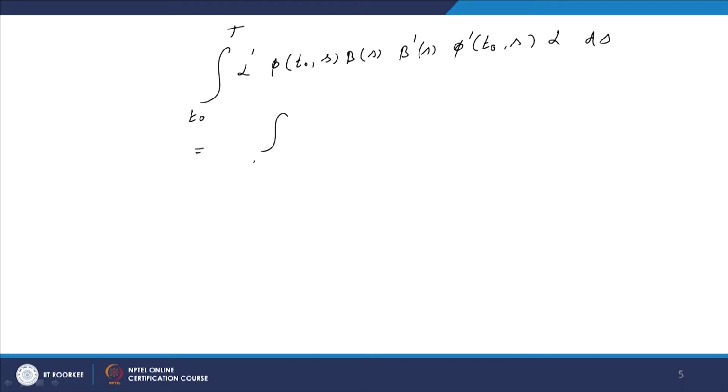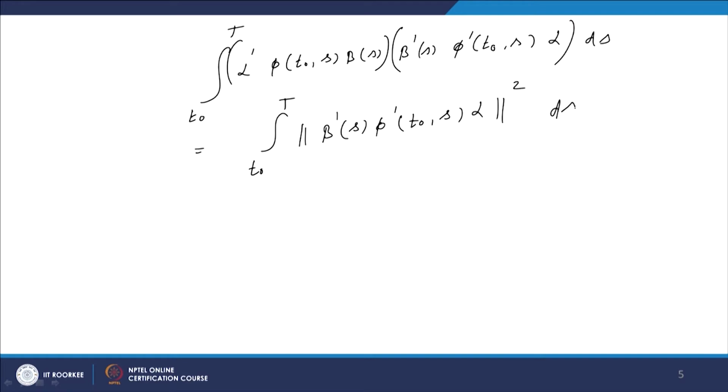So, this expression can be written as this multiplied by this one, they are transpose of each other. So, we can write it as norm of B transpose(S) phi transpose(T0, S) into alpha square ds.